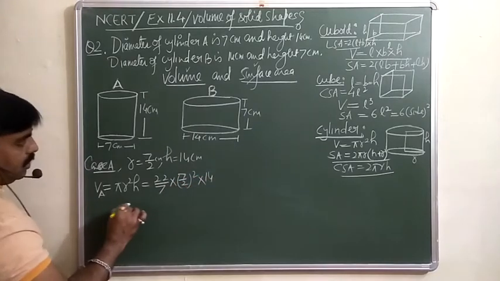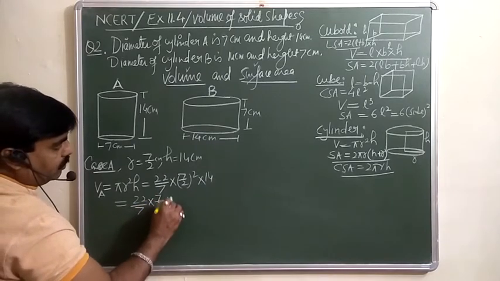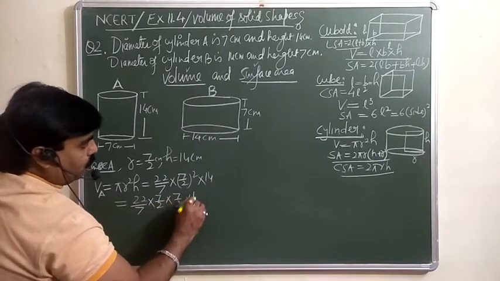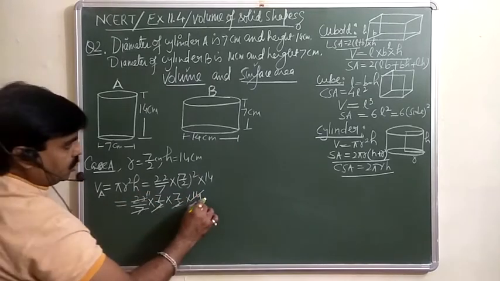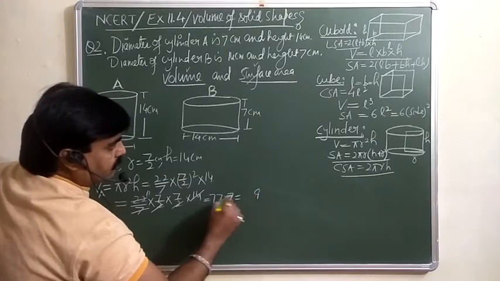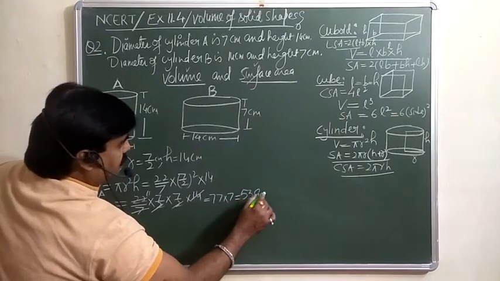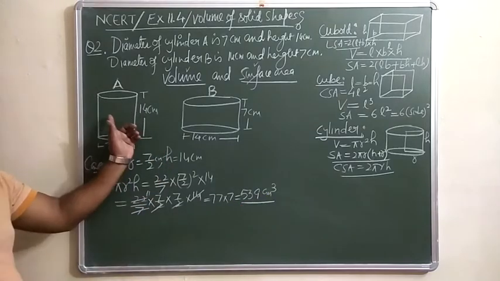You will get 22 over 7 into 7 by 2 into 7 by 2 into 14. 7 and 14 cancel to 11. So this is your 77 into 7, 539 centimeter cube. This is the volume of the cylinder A.